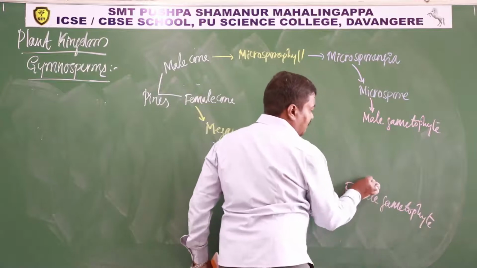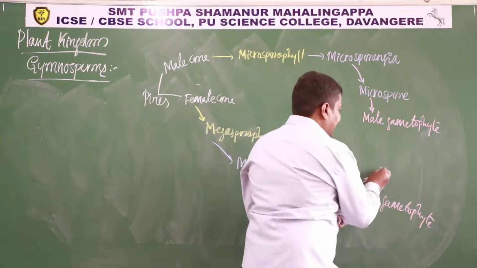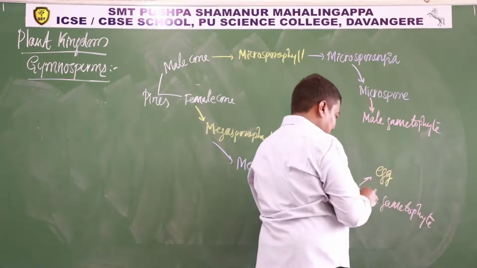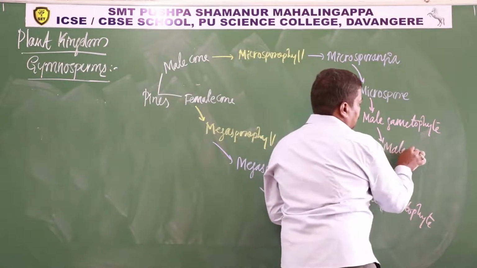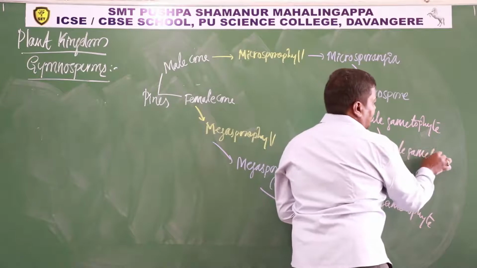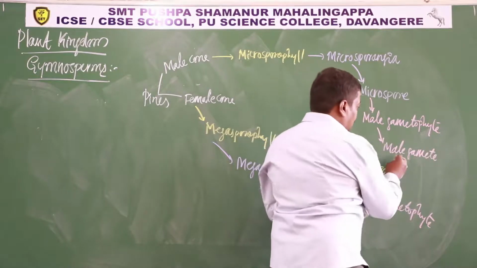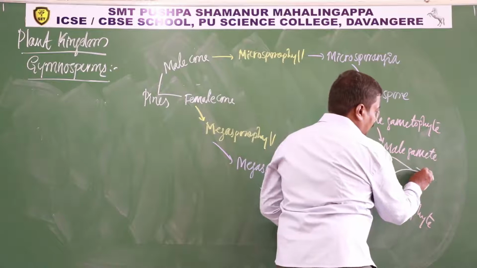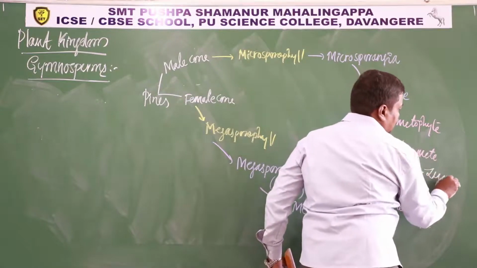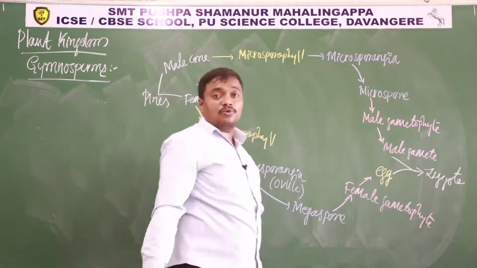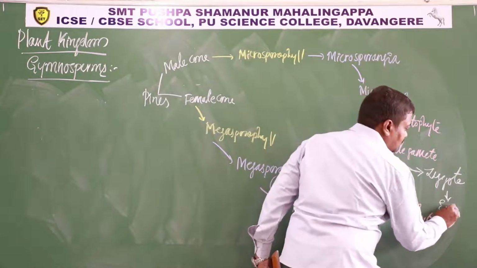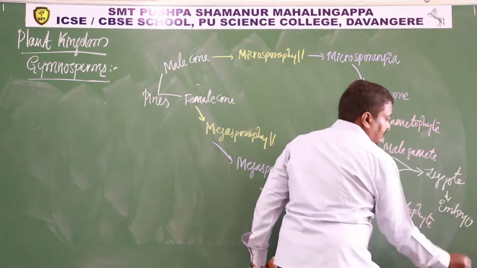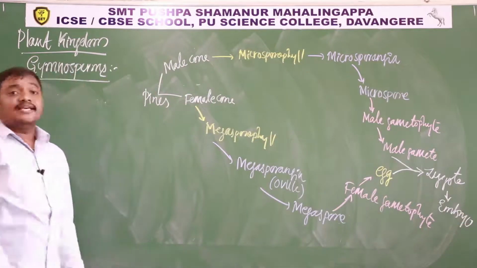This female gametophyte contains the egg, and the male gametophyte produces the male gamete. Both are fused together to form the zygote, and the zygote develops into the embryo.